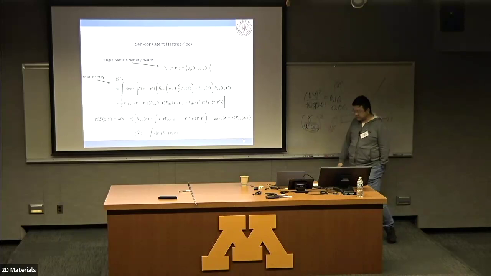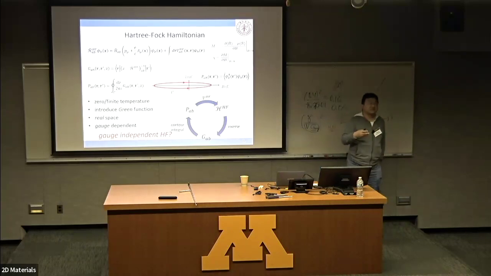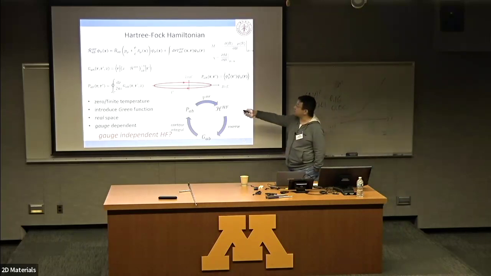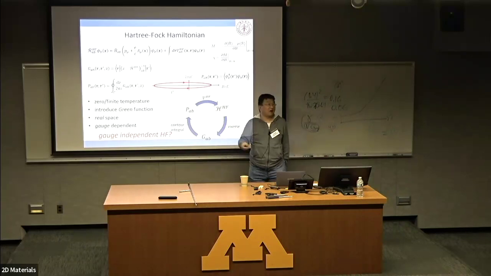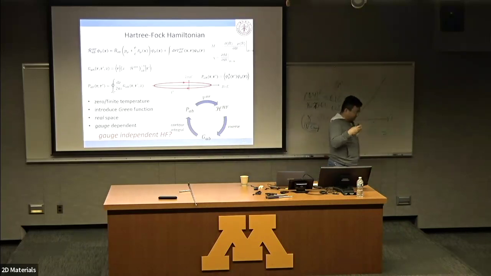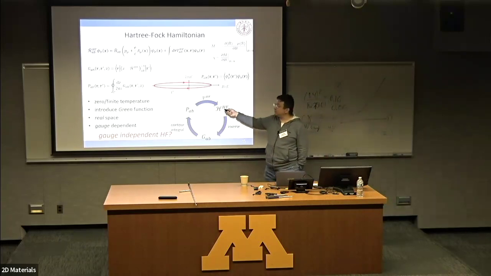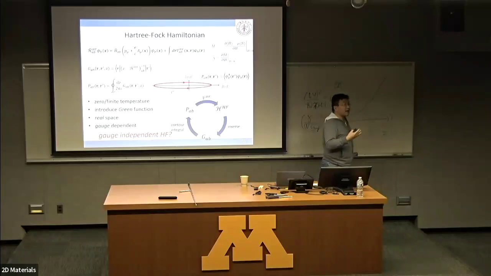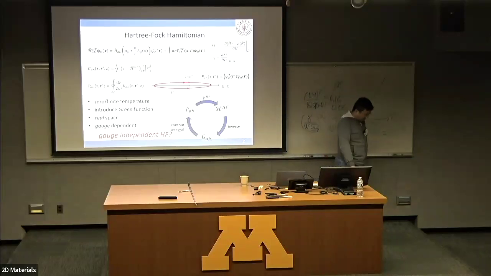So for the self-consistent Hartree-Fock approximation, that's simple. Once you introduce this Hartree-Fock potential, you have this Hartree-Fock Hamiltonian, and if you look at the inverse of this Hamiltonian, it's just the Green function, and from this Green function you do a contour integral, you get back this density matrix.